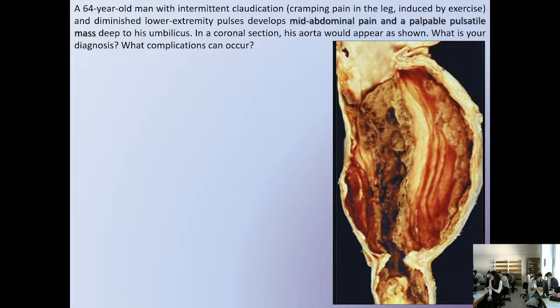And the other is that if the wall of the artery becomes too thin, it may break, and in this case, all the patient's blood will go out of the circulation, and the patient will die.